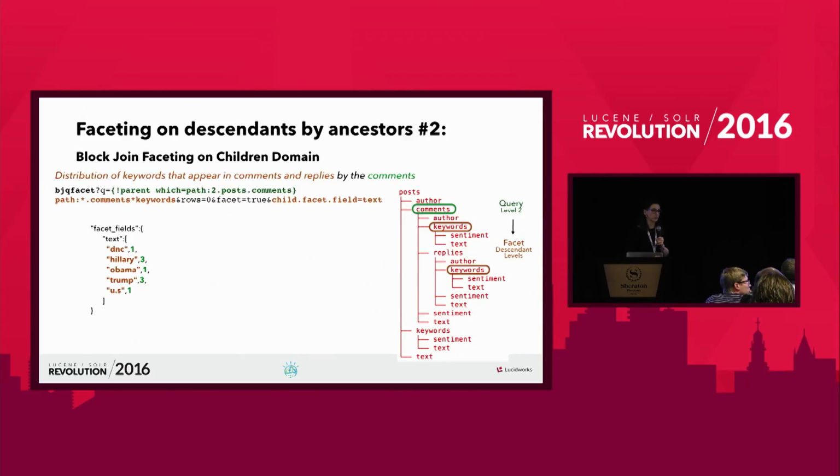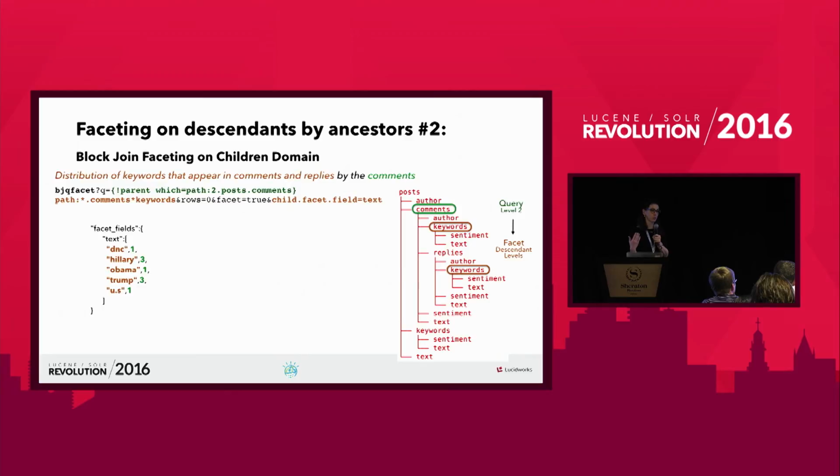Okay, once you turn it on, let's try that most difficult example, when we try to find the distribution of keywords that appear in comments and replies by comments. Here we see this nice, elegant query, not so bulky as the previous JSON Facet API.